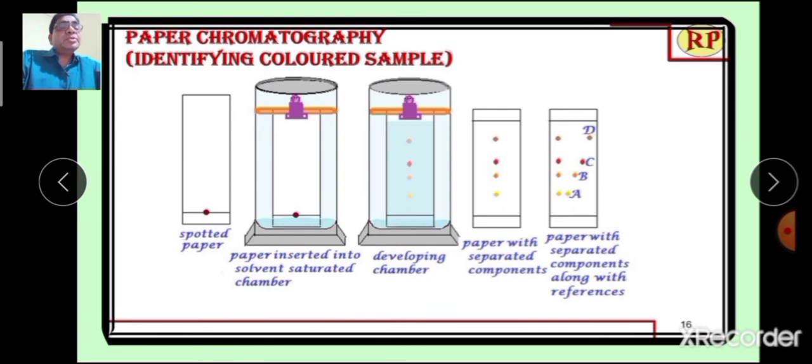When the separated components are located, the distances of the separated components and the distance traveled by the solvent front are measured.